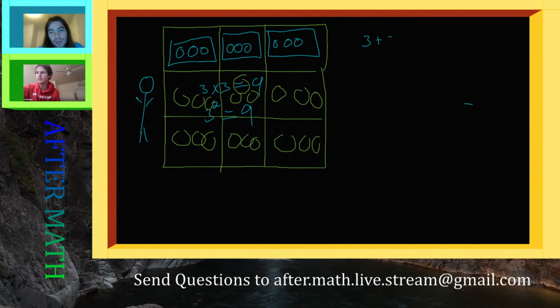So you do 3 plus 3 plus 3, and this then equals 3 times 3, right?